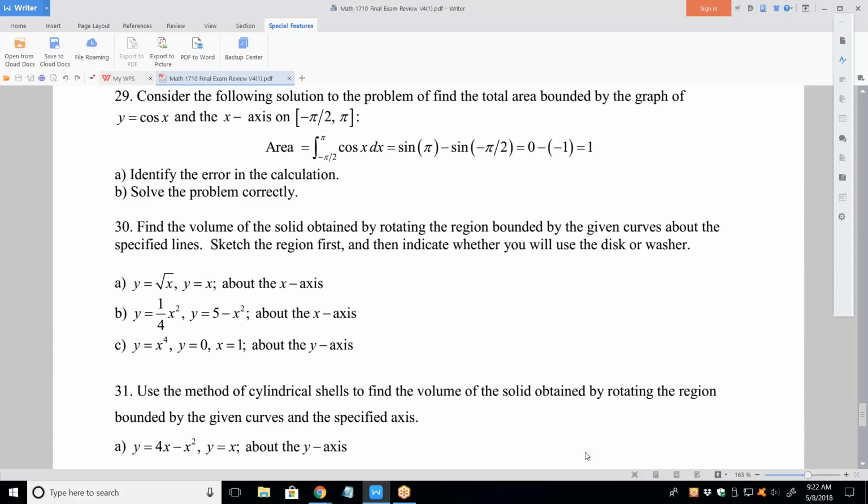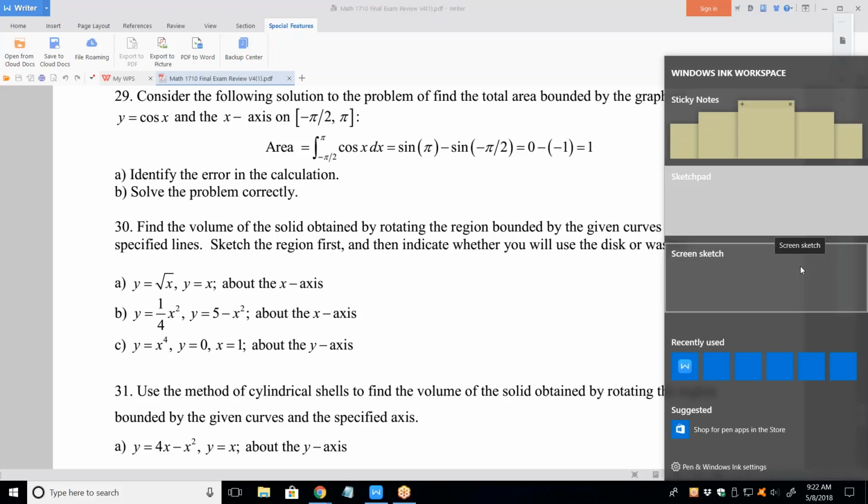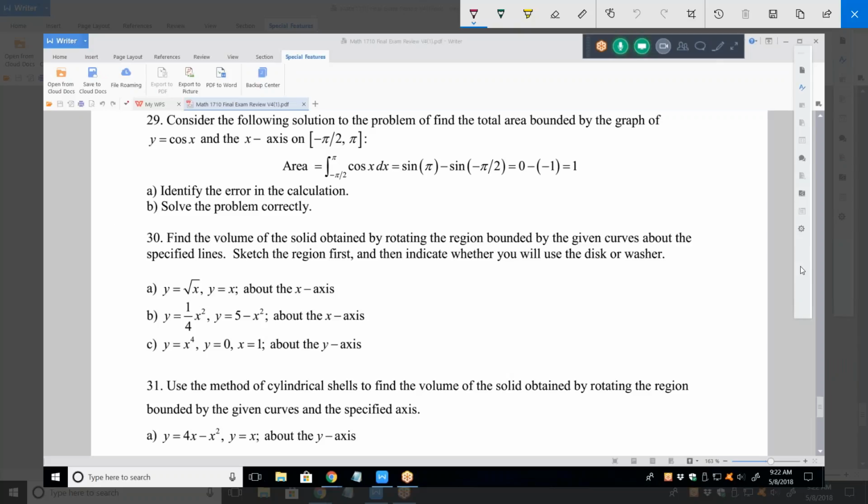Yeah, can we start at 29? In other words, 29 is an area problem. When you have area problems, they're pretty easy. Or it's just to identify the error. I don't really know where the error is. Okay, let's do 29. We'll still have time to do 30. I want to do at least one of these solids of rotation, because those can be tricky.